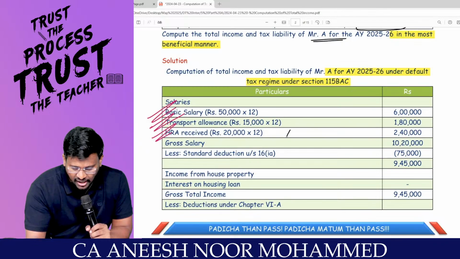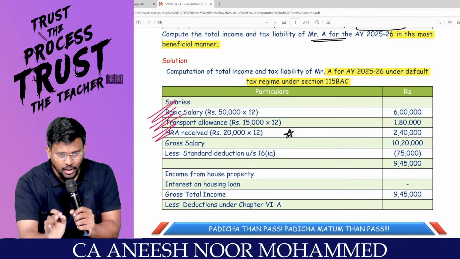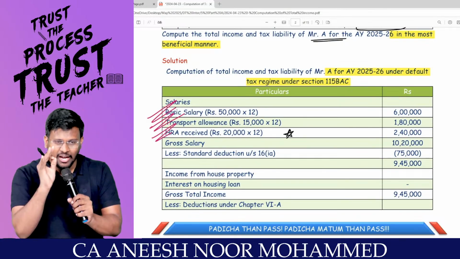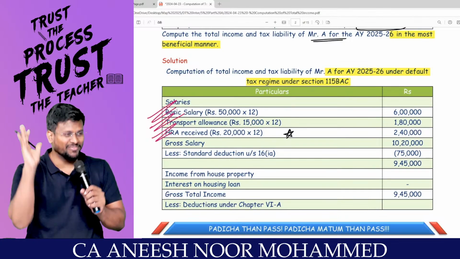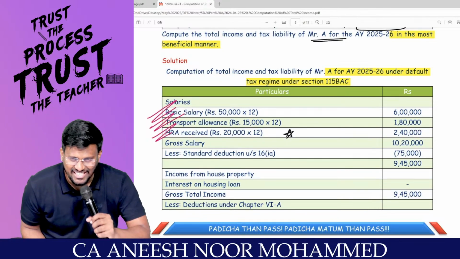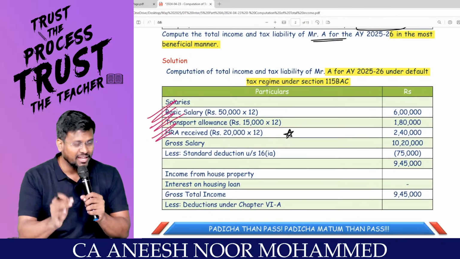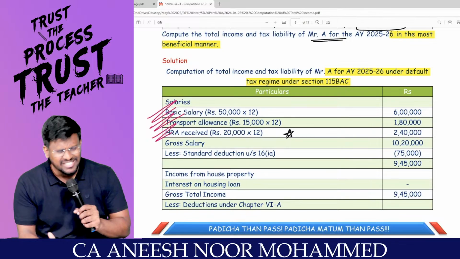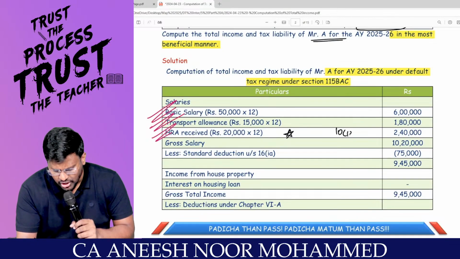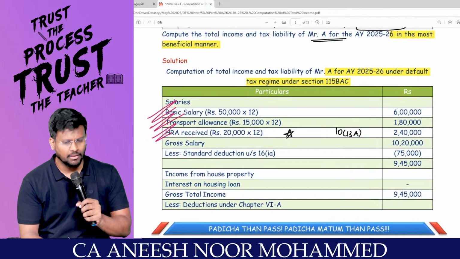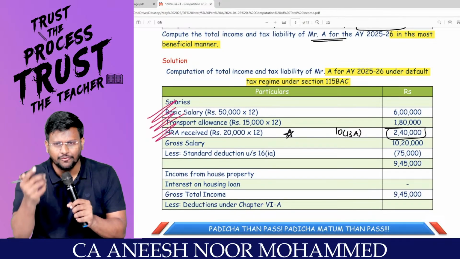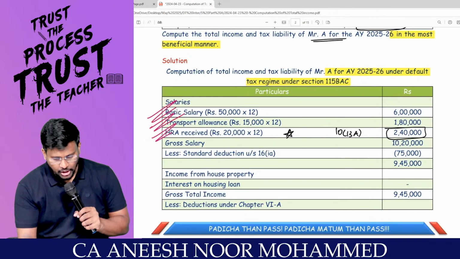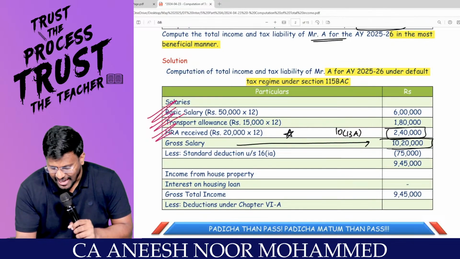Will change. HRA will be fully taxable under the default tax regime. Say it a second time: HRA will be fully taxable under the default tax regime. There is no exemption under section 10(13A). Entire 2,40,000 will be taxable. The gross salary will be 10 lakh and 20,000.